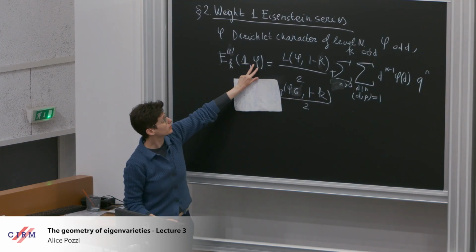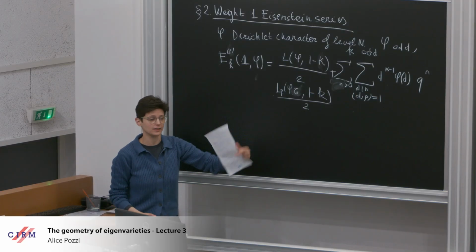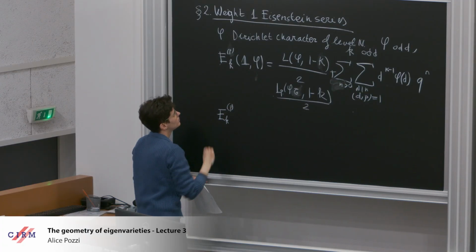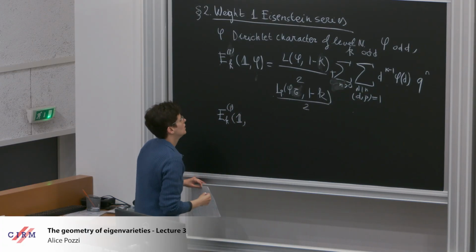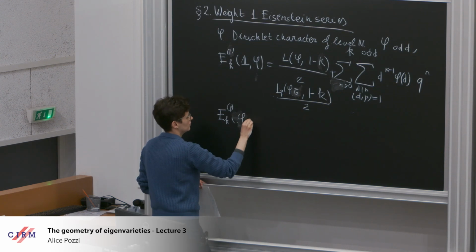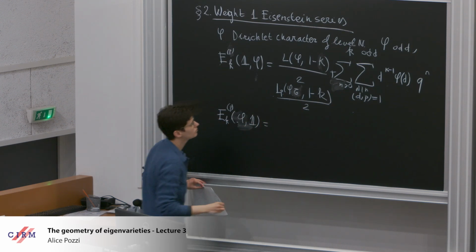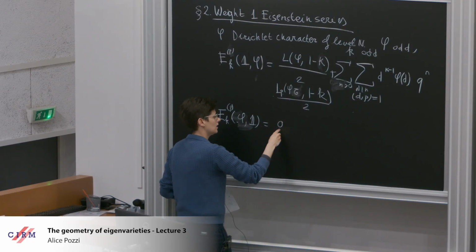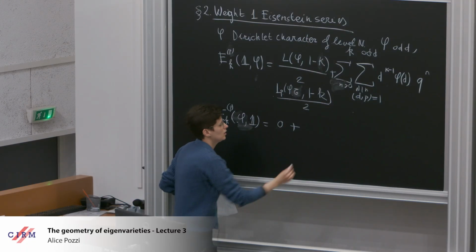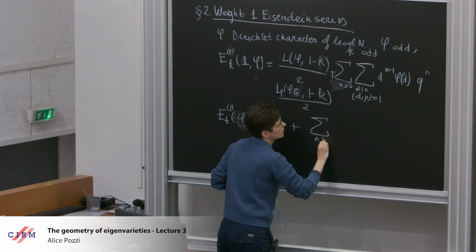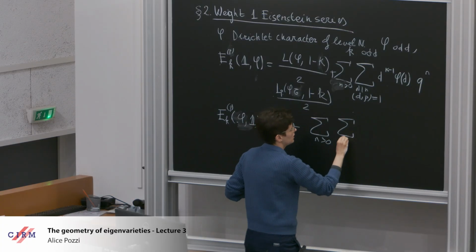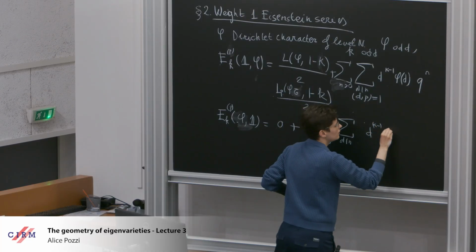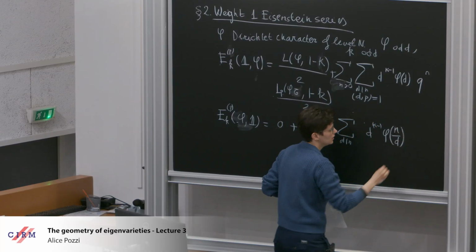There is also another option of swapping the roles of the two characters and getting another Eisenstein family, in which the coefficient for the constant term is going to be 0, and then we get a similar sum with the difference that now we're going to take d to the k minus 1 times phi of n divided by d, q to the n.